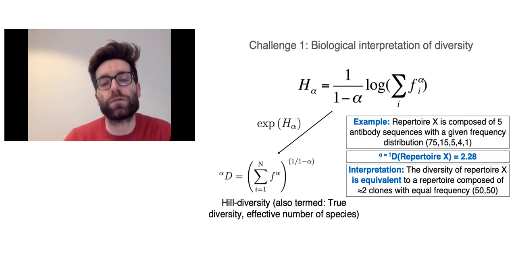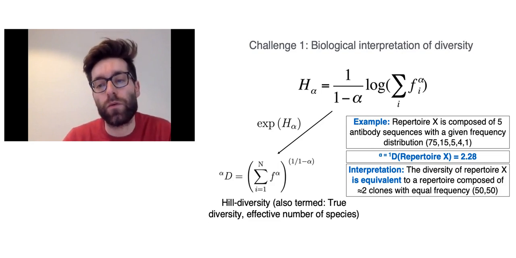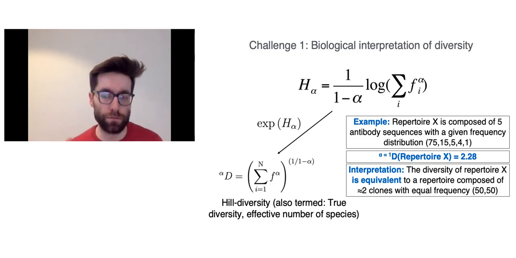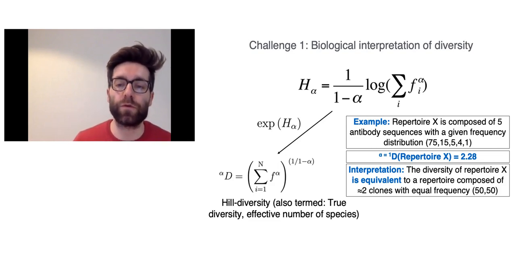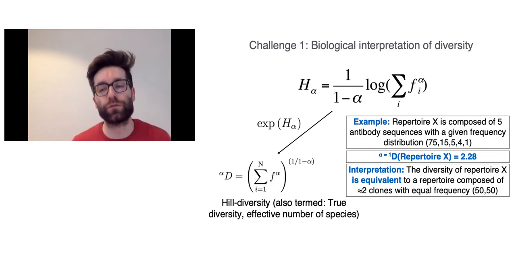And for alpha equals 1, which is the exponential of the Shannon entropy, we would get 2.28. So what does 2.28 mean? It means that if we round down, it's kind of 2. And this would mean that the diversity of repertoire X is equivalent to a repertoire composed of 2 clones with equal frequency.